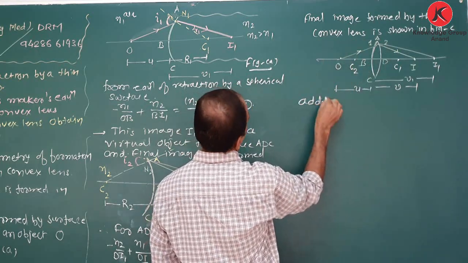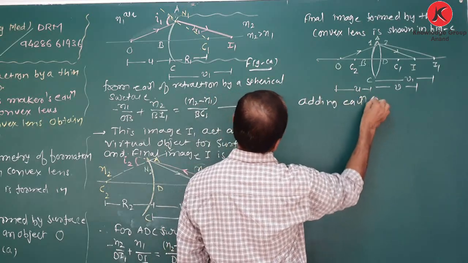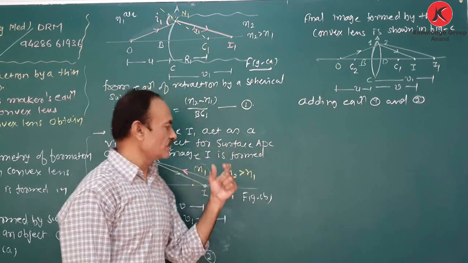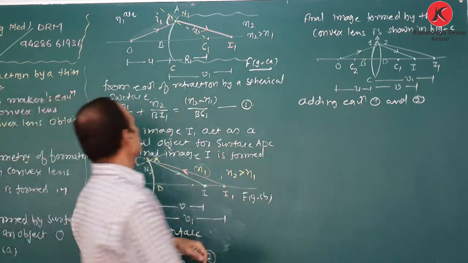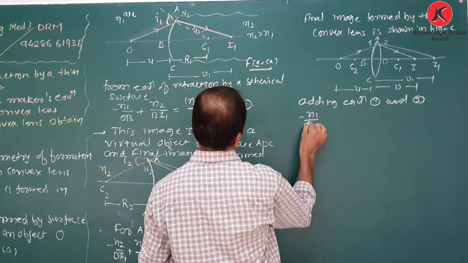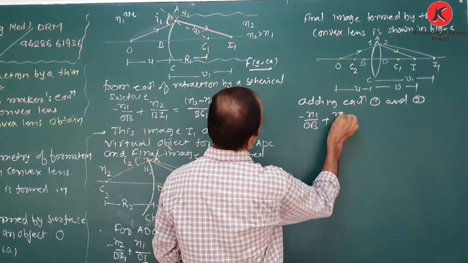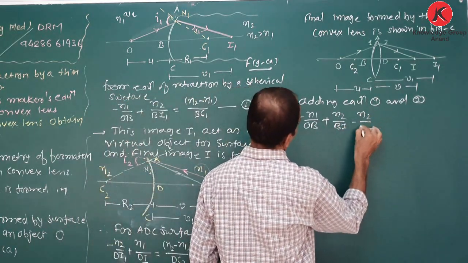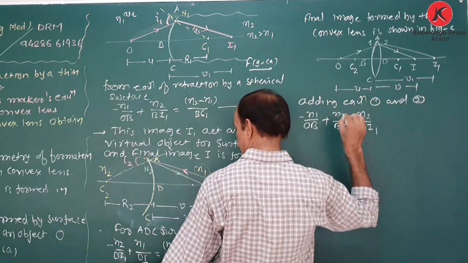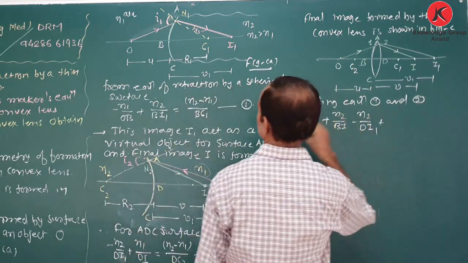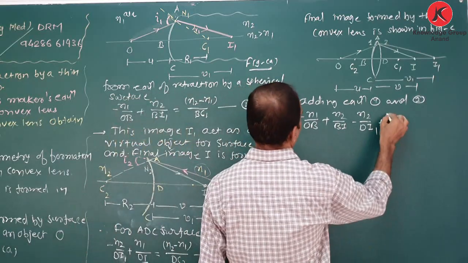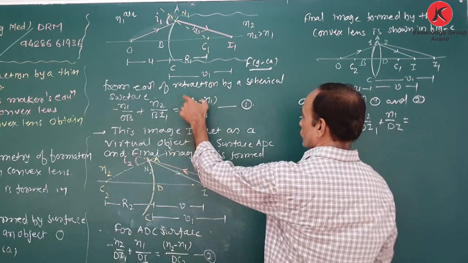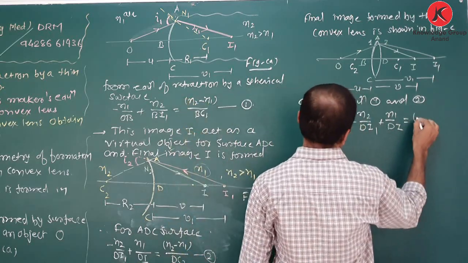Now, adding equations 1 and 2, we obtain the final image. Therefore, minus N1 upon OB plus N2 upon BI1, minus N2 upon DI1 plus N1 upon DI is equal to, now from these two, N2 minus N1 is common.